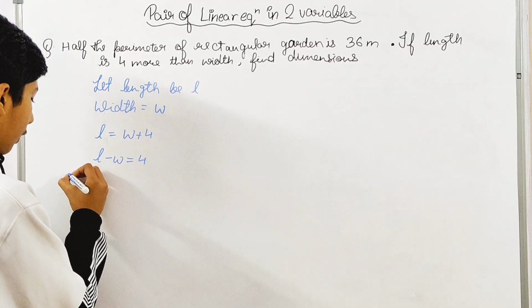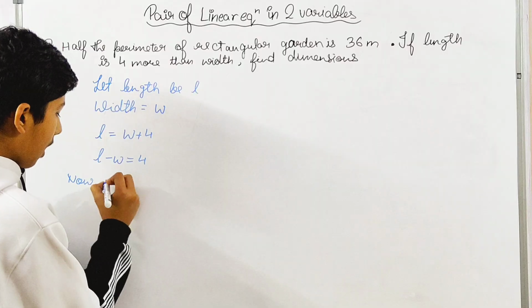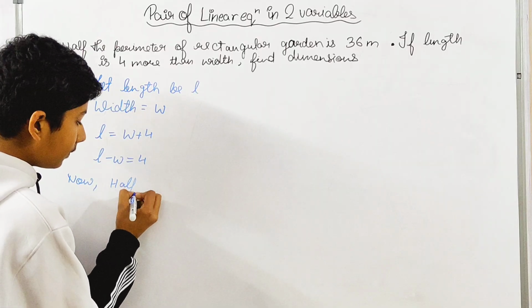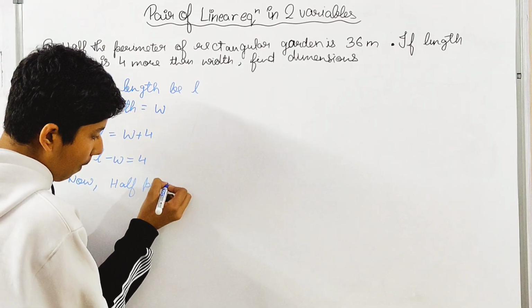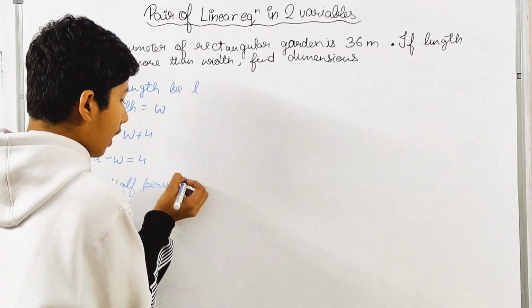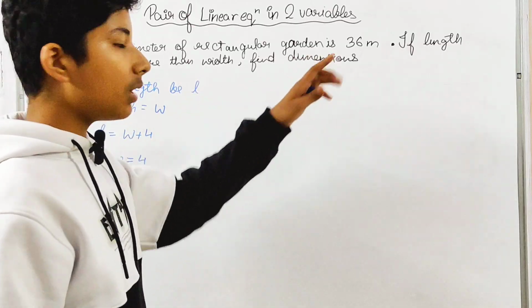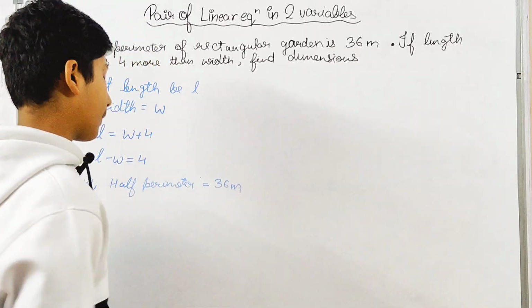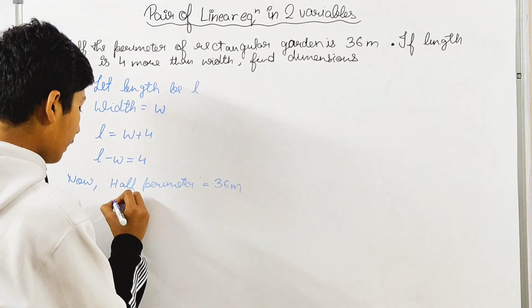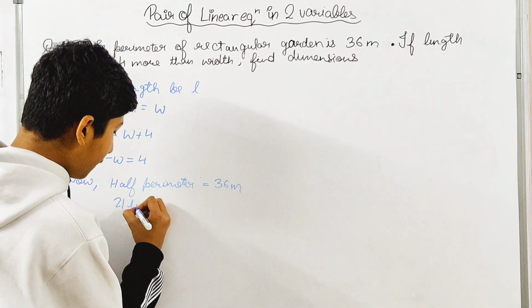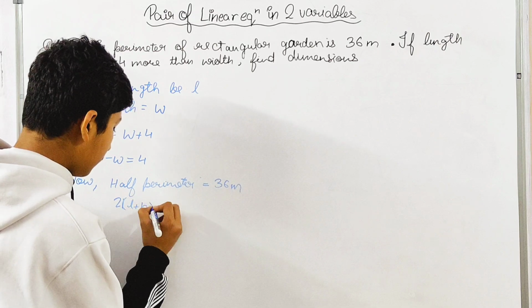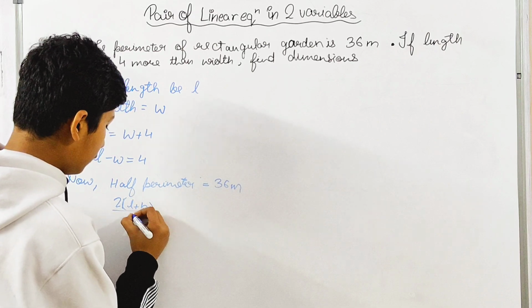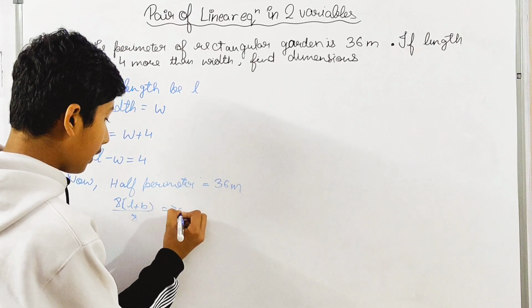Okay, now half perimeter. Half the perimeter is given to us as 36 meters. 36 meters means 2 into L plus W upon 2 equals to 36.